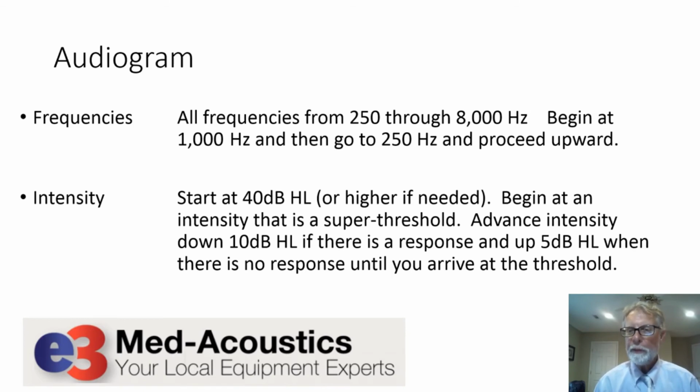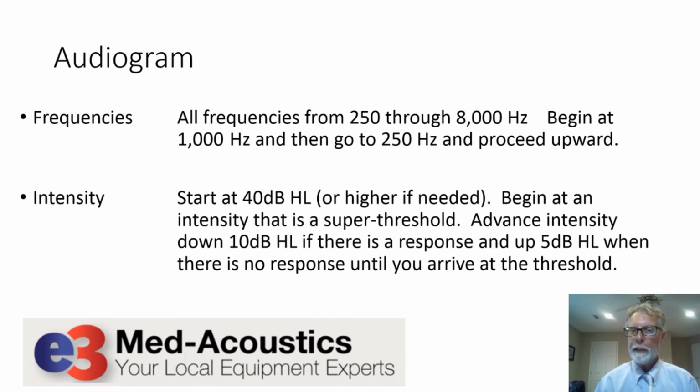Anyway, you would advance the intensity downward by 10 dB. If they heard it at 40, you would go down to 30. If they heard it at 30, you'd go down to 20. If they heard it at 20, you'd go down to 10, right? You go down in 10 dB increments.